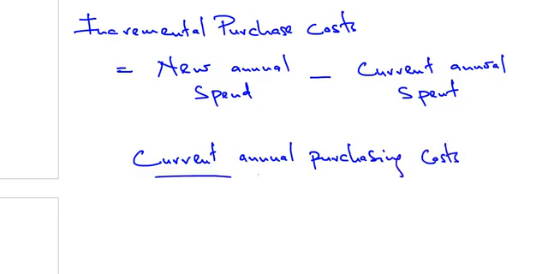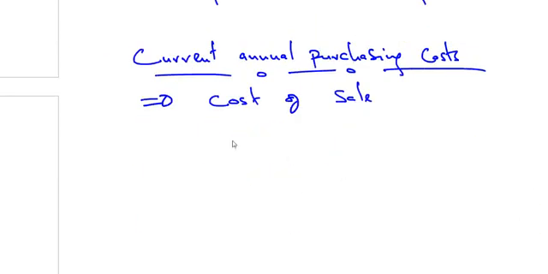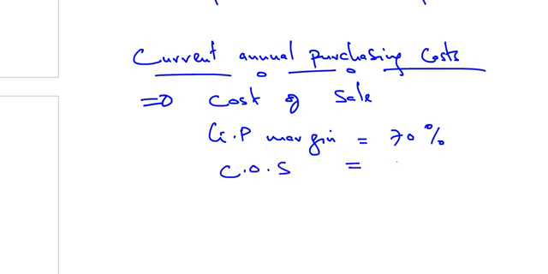Now you'll notice that the purchasing cost is the same as your cost of sale, right? Now, we've been told that the GP margin is currently 70%. What this means is that the cost of sale should equal 30%, so that the total here is 100%.